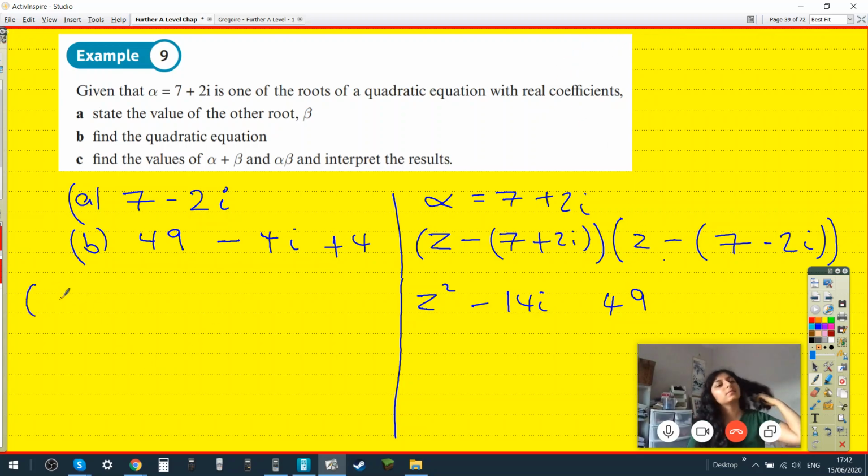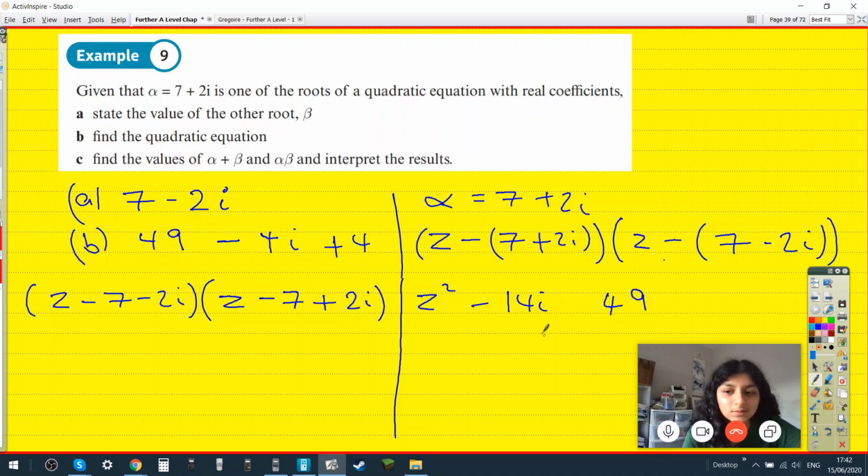So essentially you're multiplying... It says you have to multiply them, and it's a conjugate pair, so it's just difference of two squares. Okay. I think you can just ignore the Z bit. Okay. So it's 53, not 49. Plus 53.